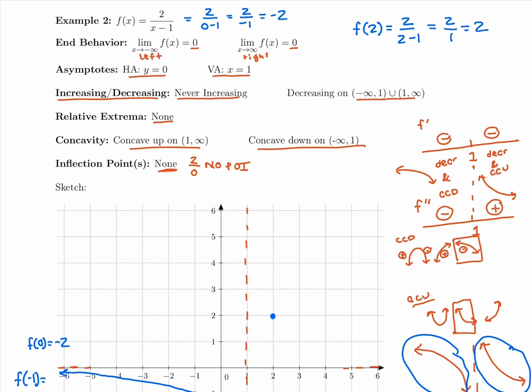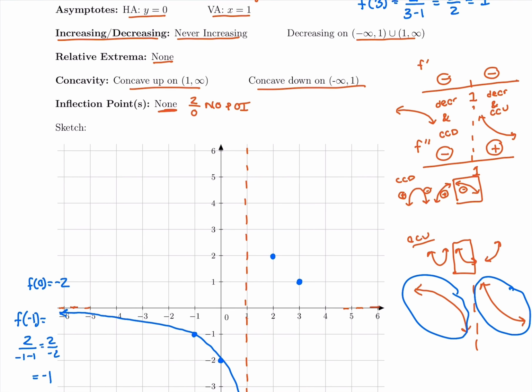And we could plug in another point if we want to. You could plug in f of 3. Move a little bit over. 2 over 3 minus 1. We'll get 2 over 2, which is 1. So the point 3, 1. And now we can just draw our general shape. Decreasing, but concave up.